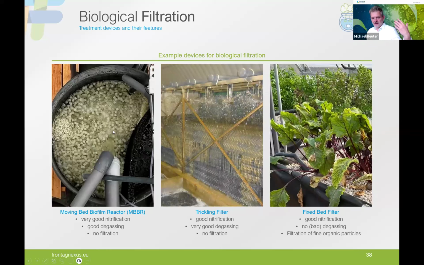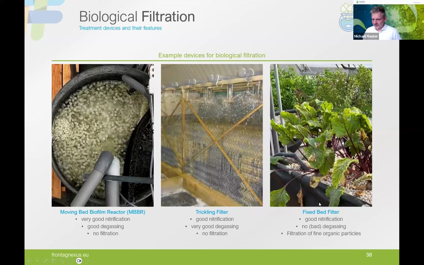So in moving bed biofilm reactors, we need an aerator and some means to provide air to this aerator to mix and aerate the water, while in the trickling filter, the air is part of the filter design.